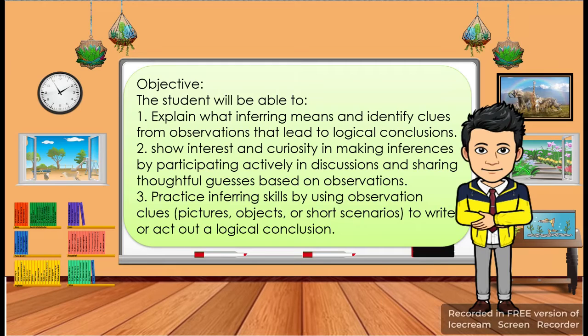Second, show interest and curiosity in making inferences by participating actively in discussion and sharing truthful guesses based on observation. And last, practice inferring skills by using observation clues, pictures, objects, or short scenarios to write or act out a logical conclusion.